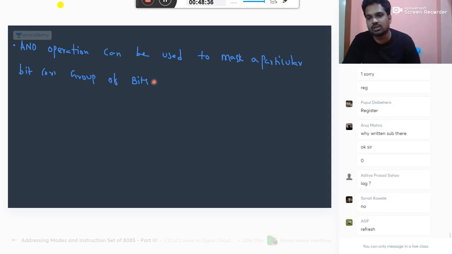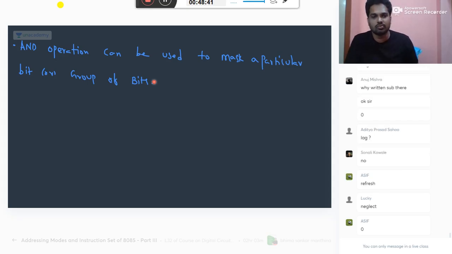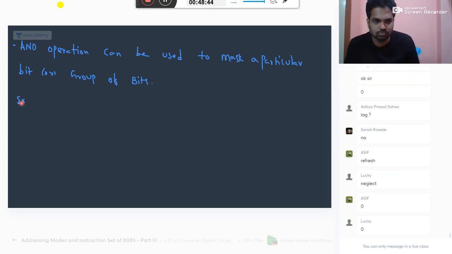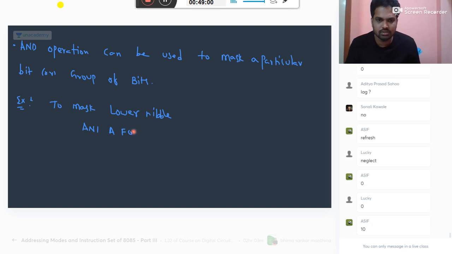So 23 AND F0. In an AND operation, if one of the inputs is 0, all zeros will come. 0 and 1 will give you 0, 1 and 1 will give you 1. So if one of the inputs is 1, it will give you the other input as it is. If one of the inputs is 0, output is 0 irrespective of the other input. This is 20 hexadecimal. So the lower nibble is masked.